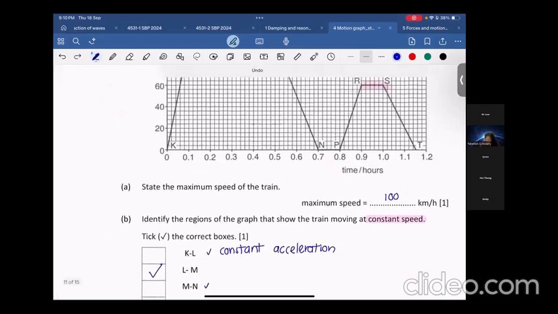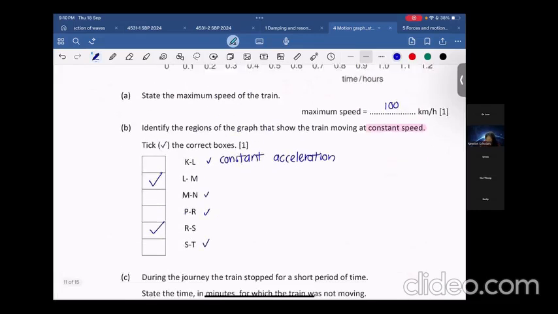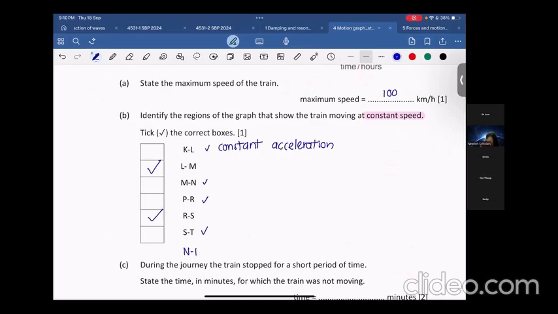What is your PR? What is your ST? And here I want also one more called NP. Can you help me to label what is the motion? LM and RS I already know is constant speed. How about others? So can you guys try to identify and then type it out?